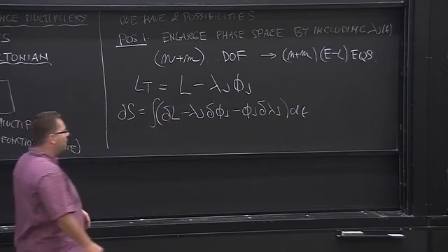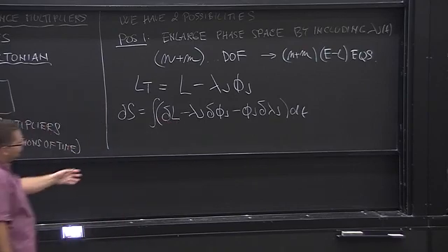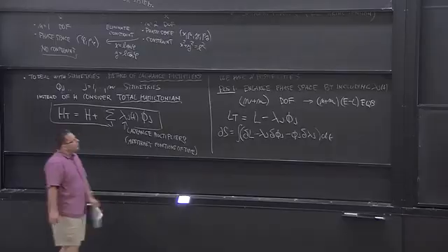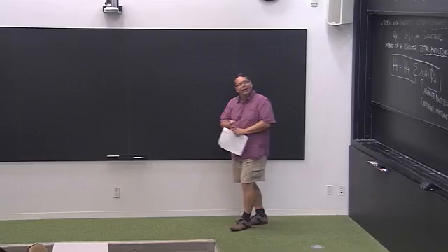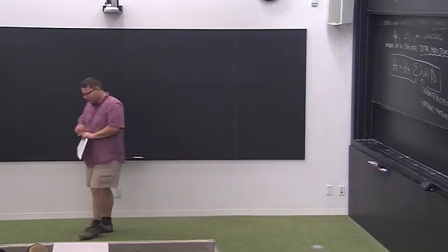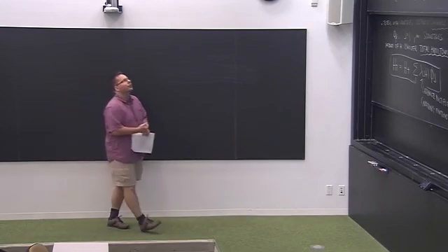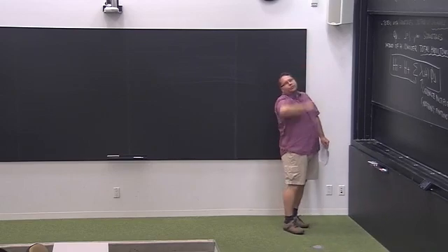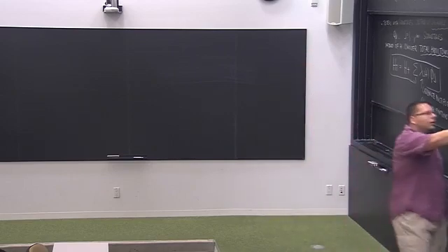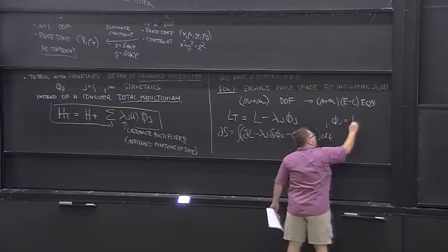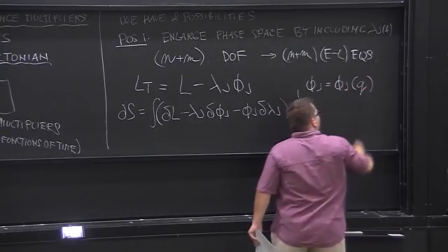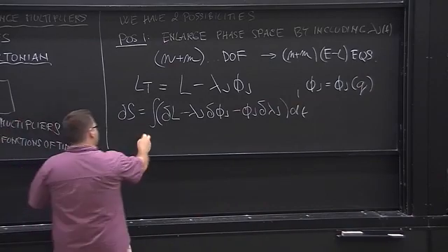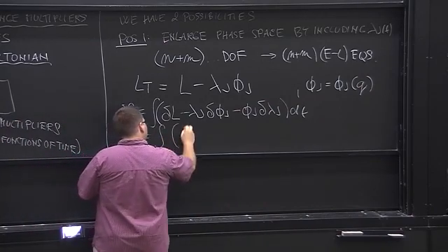So you just get the same Euler-Lagrange equations from L as you would, but then you have this term in addition to that. And so this approach is typically used in the case when your constraints depend only on the coordinates. They don't depend on the velocities as well.